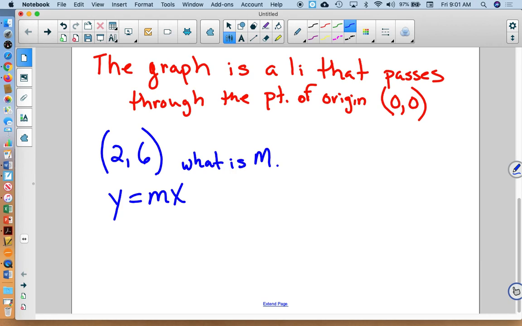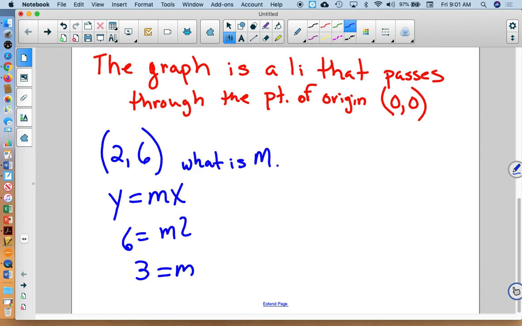So if you substitute in, 6 equals m times 2. I divide both sides by 2, m has to equal 3. So you've been given a set of points and you had to find the slope.